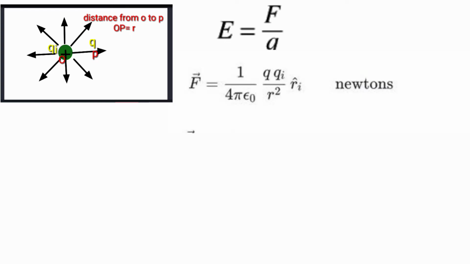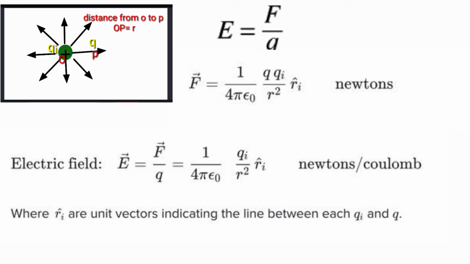Here we obtain the equation E is equal to F by Q. We write F by Coulomb's law: F is equal to 1 by 4 pi epsilon naught into Q Qi by r square into r cap. By substituting this value in the first equation, we get the final equation for the electric field: E is equal to 1 by 4 pi epsilon naught into Qi by r square into r cap. This is the equation for the electric field.